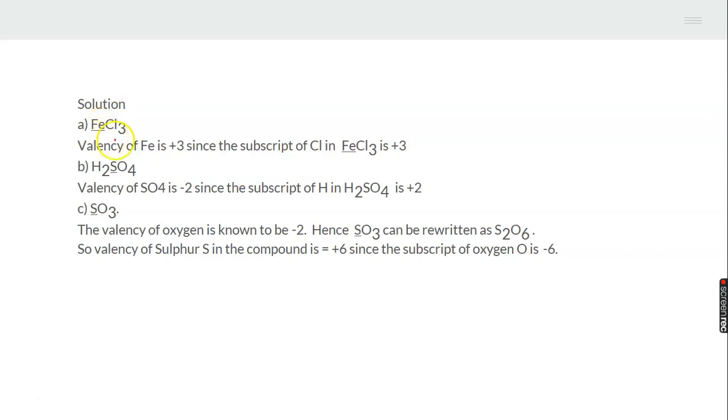So for the three atoms of chlorine, that makes it -3, which means you must have a +3 to negate that effect, to give you the neutral compound, which will be 0. Same thing with this second one, which is sulfur in the sulfur compound, and same thing with the sulfite.